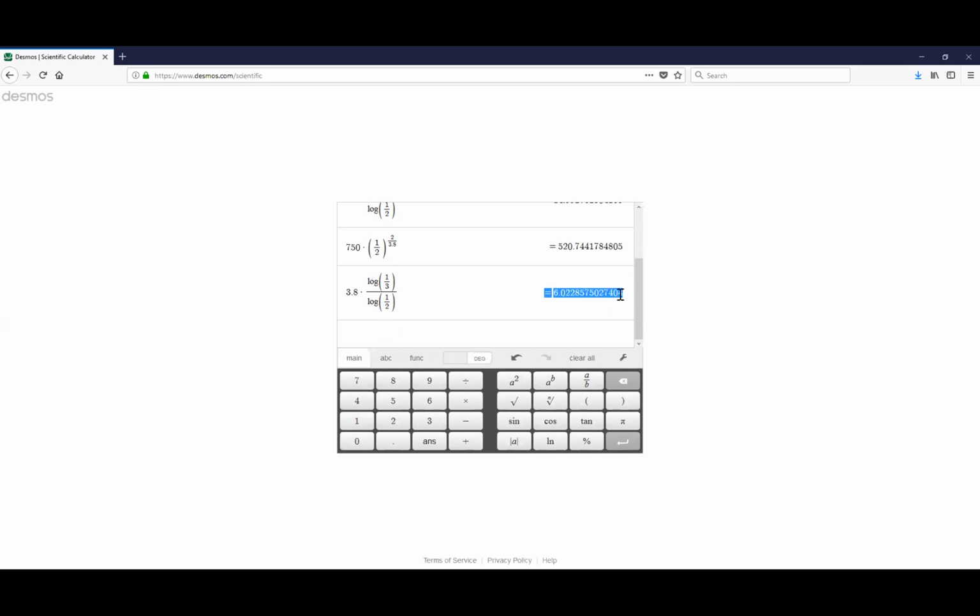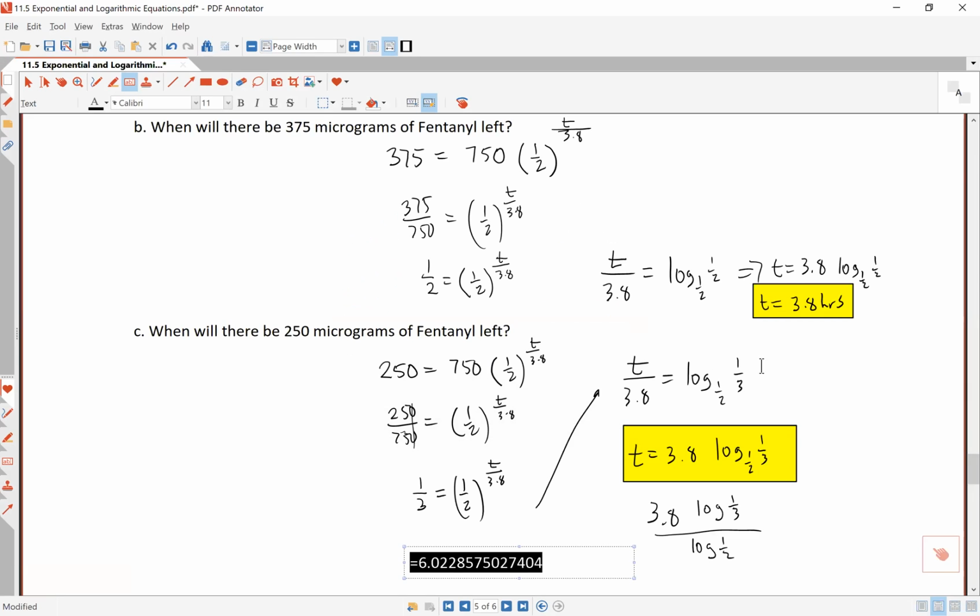And that gives us 6.02 hours. So it takes about 6.02 hours to decay down to 250 micrograms of fentanyl.